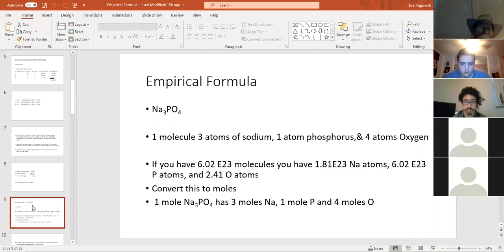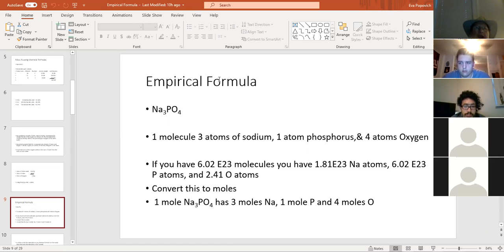Okay. Now, if we're dealing with empirical formulas, first of all, you have to know the difference between an empirical formula and a molecular formula. A molecular formula has the exact number of atoms in that particular molecule. A molecular formula has all the atoms.